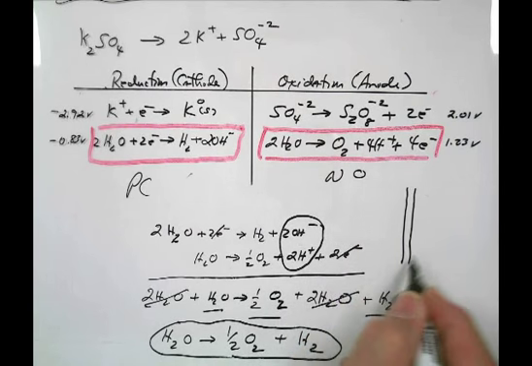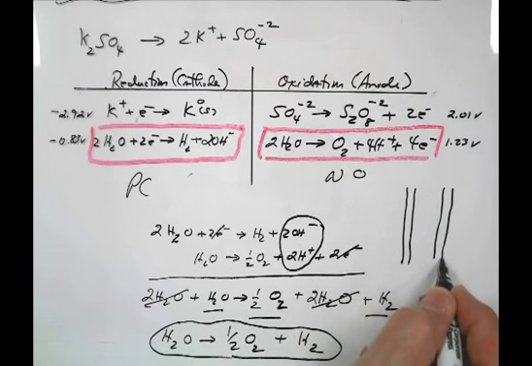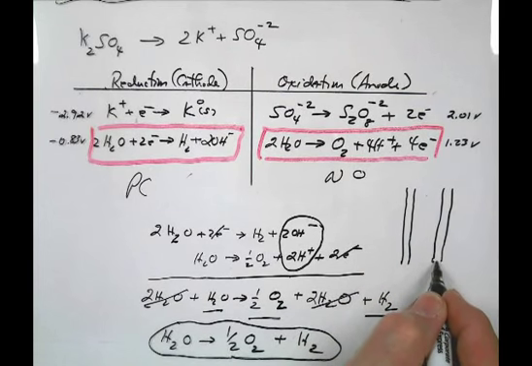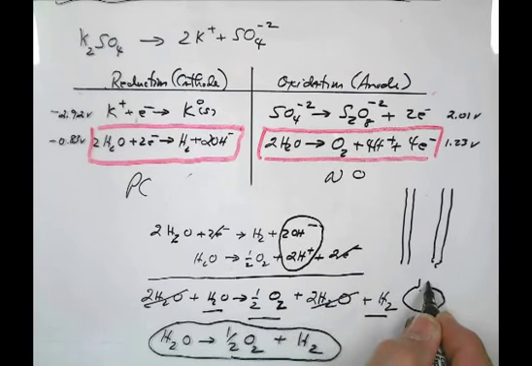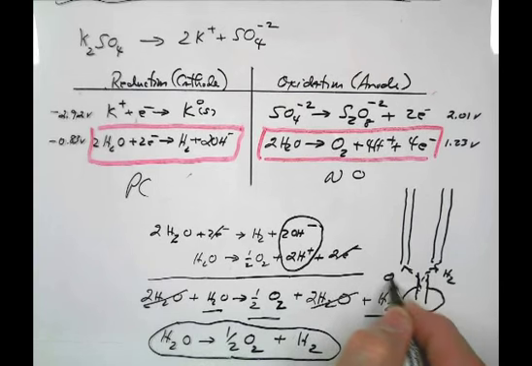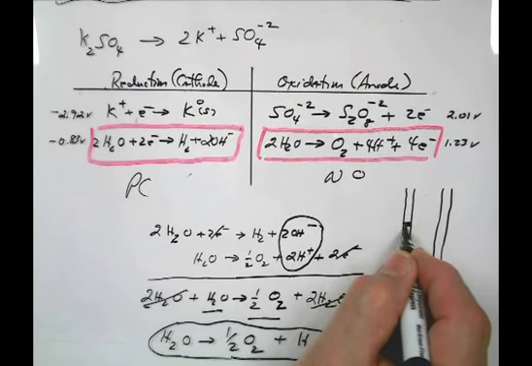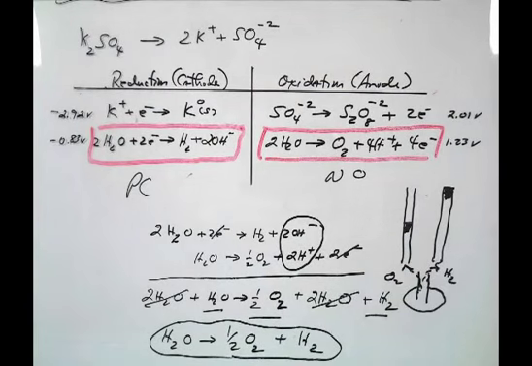In many cases, you can watch this online, and they'll have this hooked into a system down here with a couple of electrodes in it, like that, and it'll send hydrogen to one side and oxygen to the other side, and you'll see the oxygen will come up to say here, and the hydrogen will come up to right there.